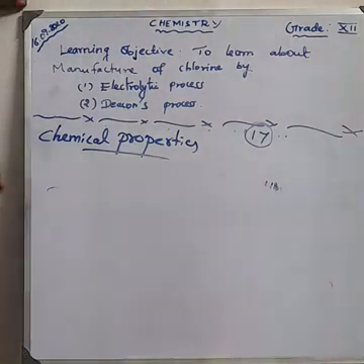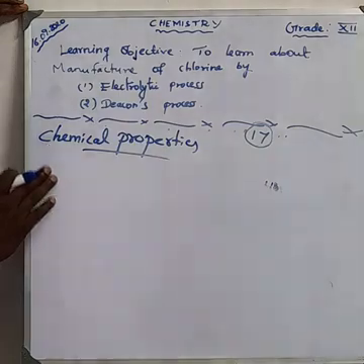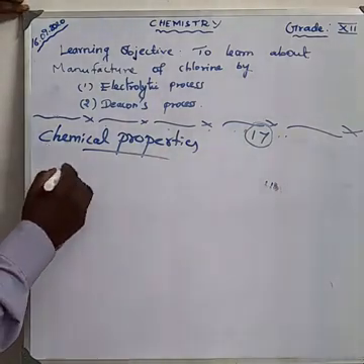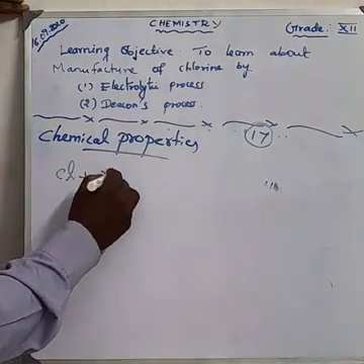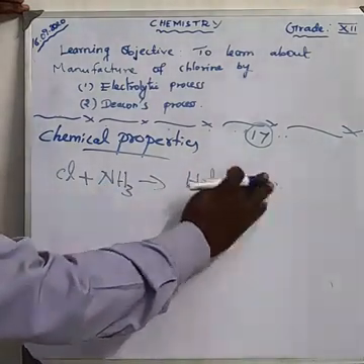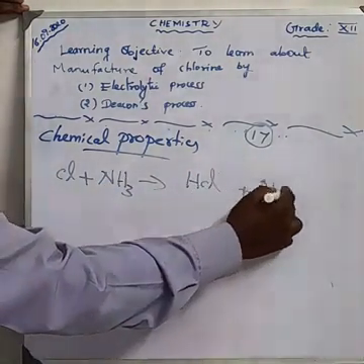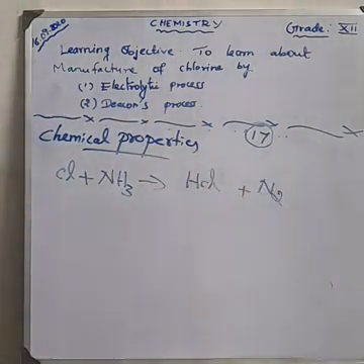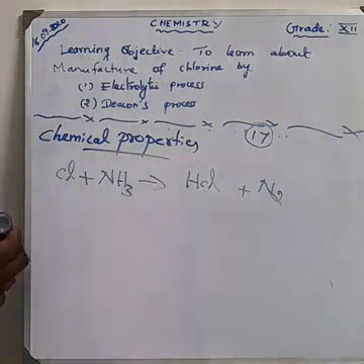Chlorine reacts with ammonia, that is NH3, to form hydrochloric acid and also dinitrogen. So chlorine reacts with ammonia to form hydrochloric acid and also dinitrogen.